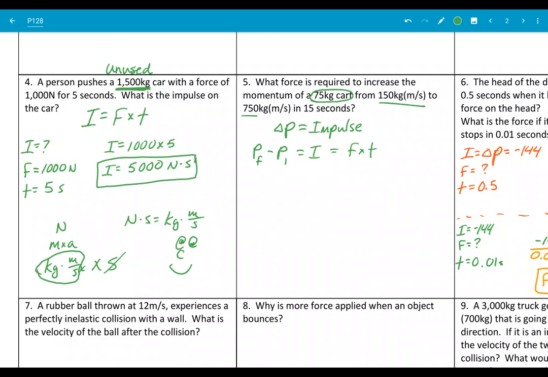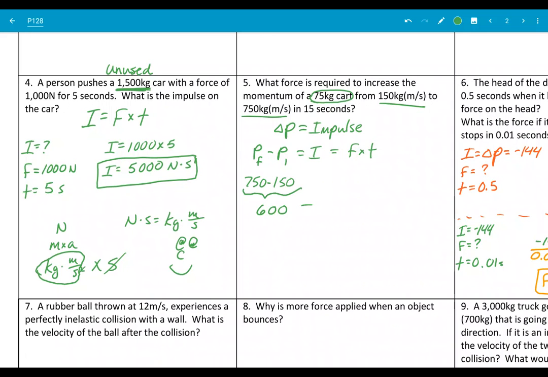That's an initial, and that's our final right there. So let's put our final first, 750 minus our initial, 150. And that will solve for that right now. 750 minus 150 is 600. So that's our change in momentum, right? It was a positive change in momentum, which must mean that this thing is speeding up.